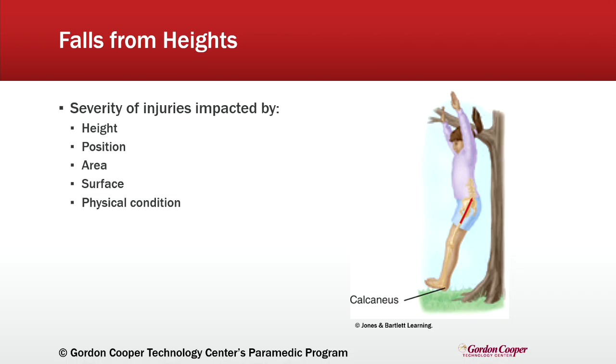So if you fall in the sand versus falling on the pavement. And the physical condition of the person falling influences that injury severity, with conditions like osteoporosis, which will increase fracture risks, and certain hematological disorders that are going to increase the likelihood of organ ruptures and bleeding.